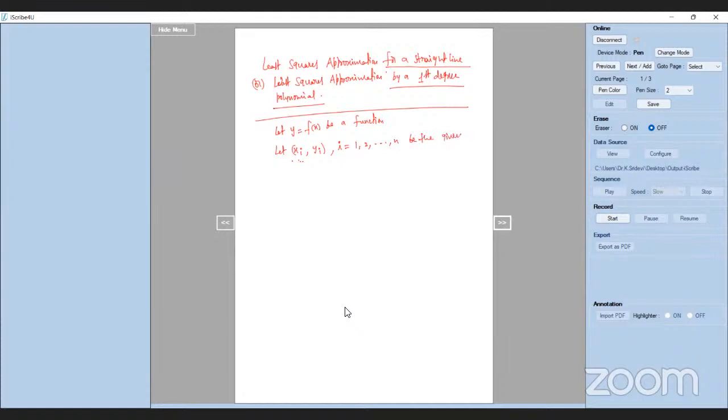Be the given pairs of observed values. So far, we have taken the tabular values from x0 to xn and y0 to yn. There are n plus 1 values. Here, I am taking only n values for our convenience.